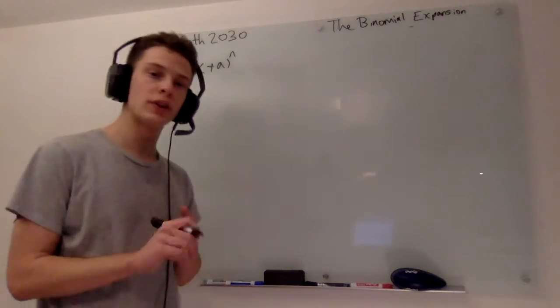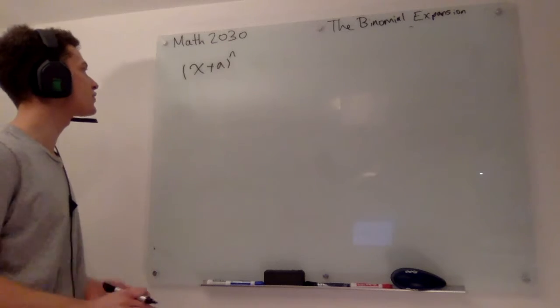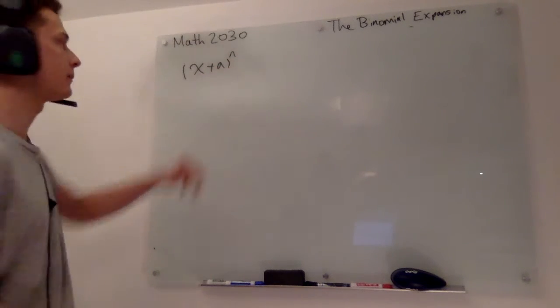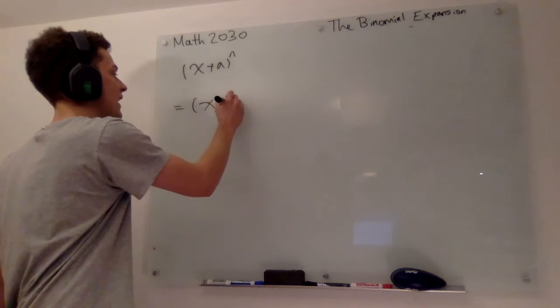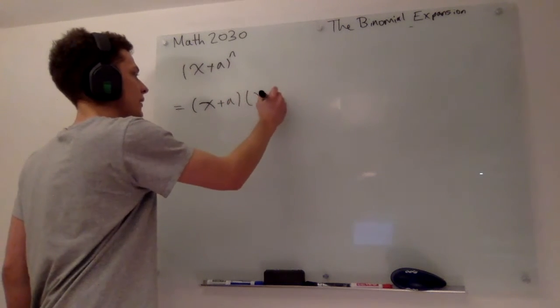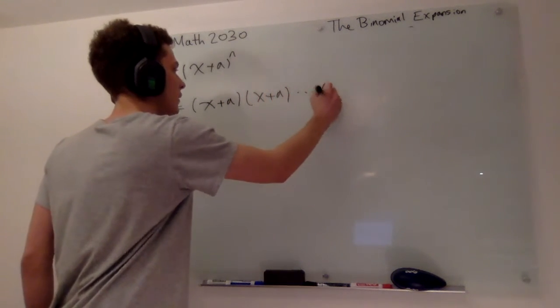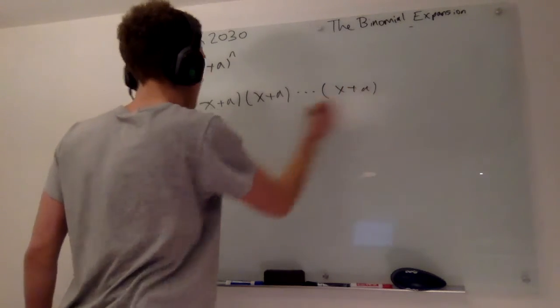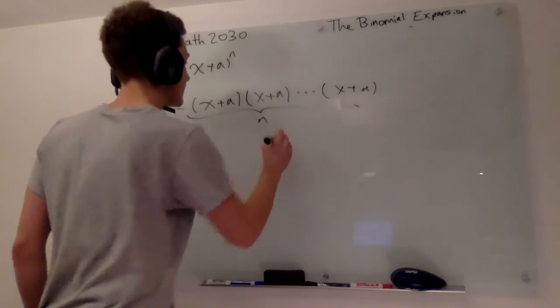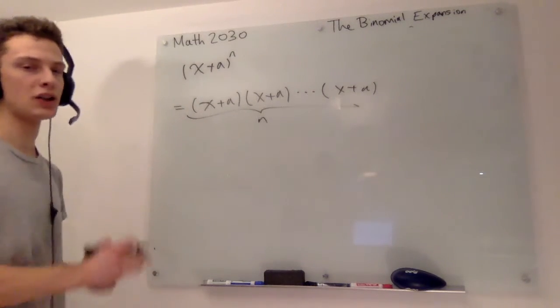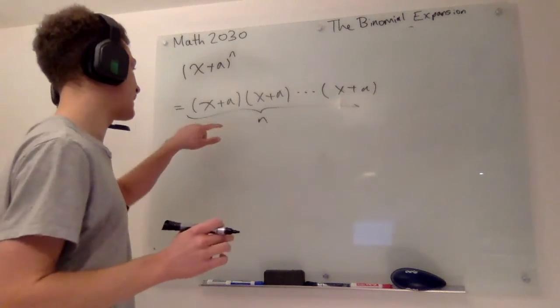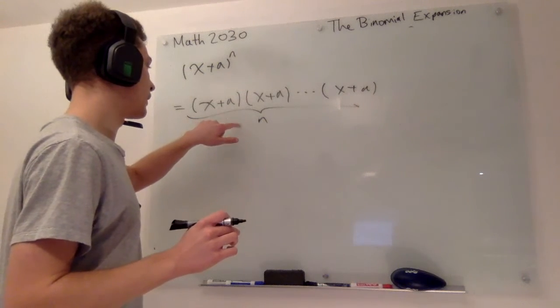Using this combinatorial framework, we can apply this to arbitrary power n. If we write this out, we get x plus a times x plus a, all the way to x plus a, n times. Again, we are looking at all the possible orderings of x's and a's of length n.